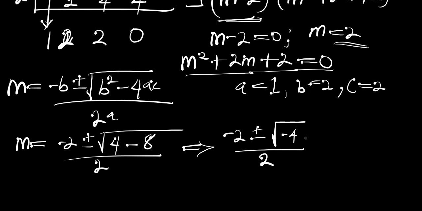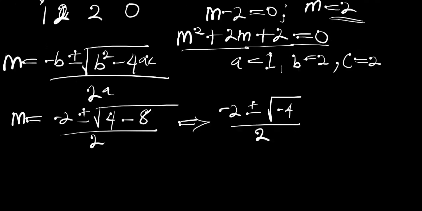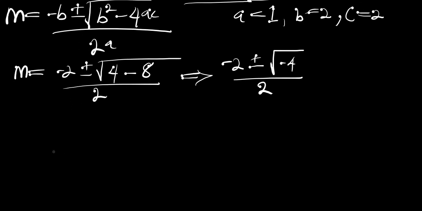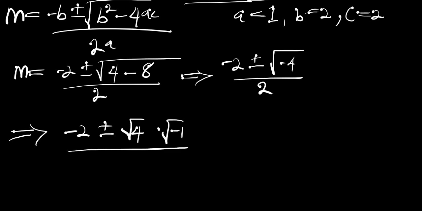Now what do we need to do? This simply means we have negative 2 plus or minus the square root of 4 times the square root of negative 1, all divided by 2.